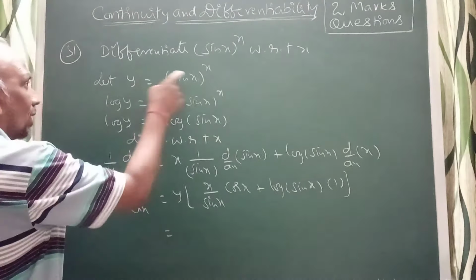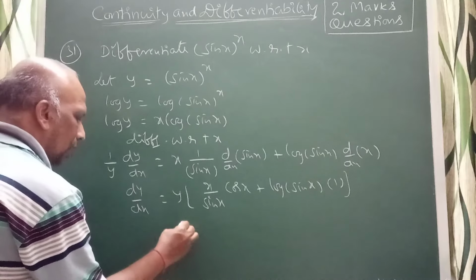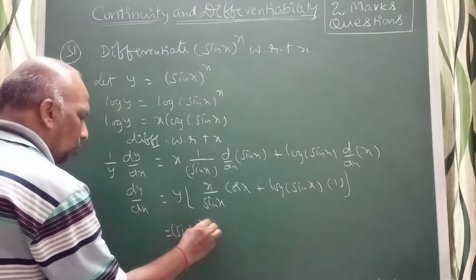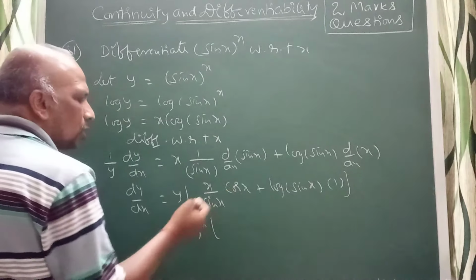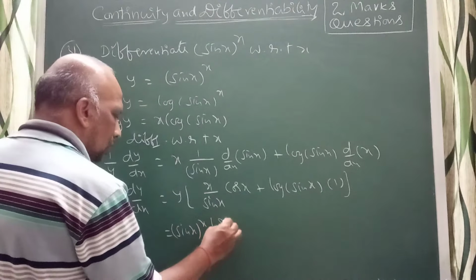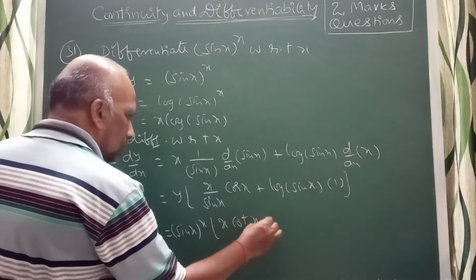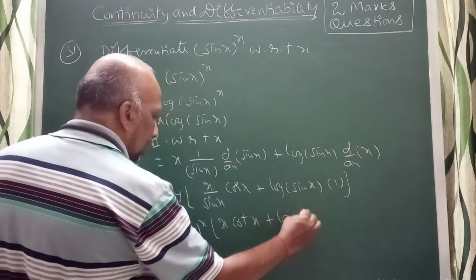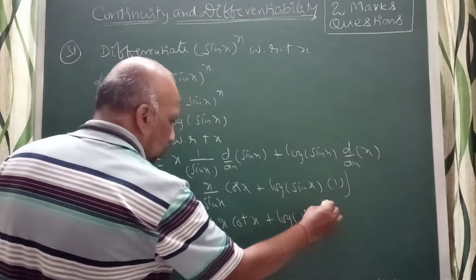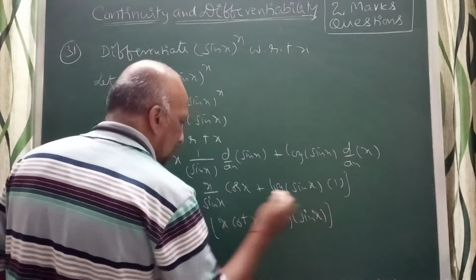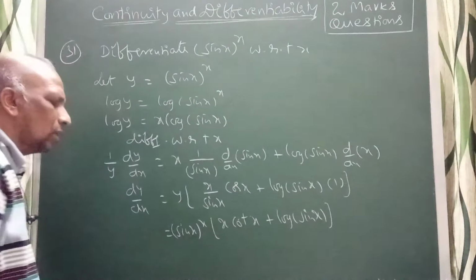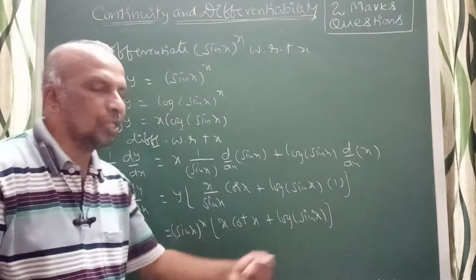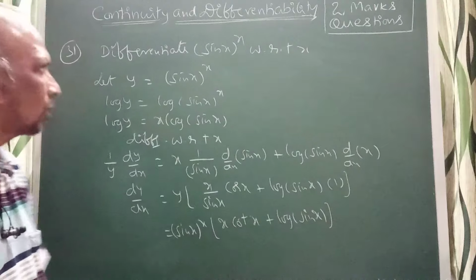Y I have taken, y is sin x whole power x. Cos by sin will be cot x. So sin x whole power x, x cot x plus log of sin x. Now if you remember, you write this, otherwise you can leave it like this. That will be your answer.